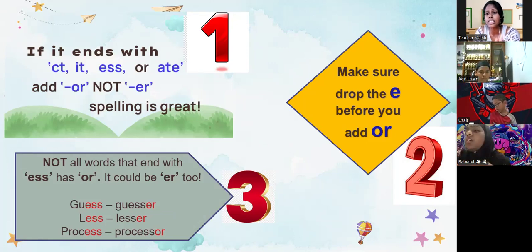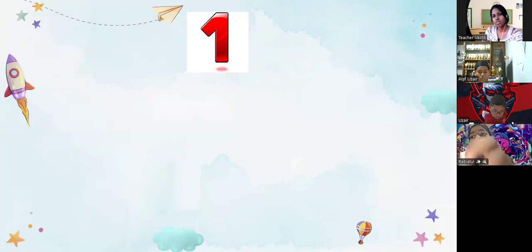Bukan semua CT, IT, SOH boleh tambah OR. Kadang-kala boleh juga tambah ER. That you have to read a lot and get to know lots of words. Okay? Do you understand? Yes? Can you tell me again? Okay, you are going to repeat. Tell me what was the first important thing that you have to remember for today?